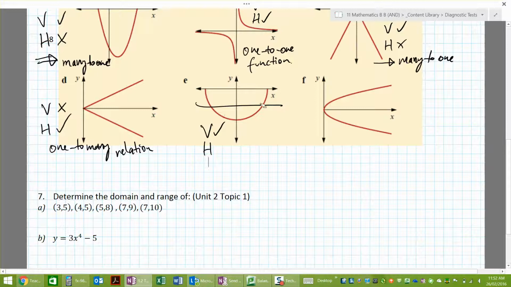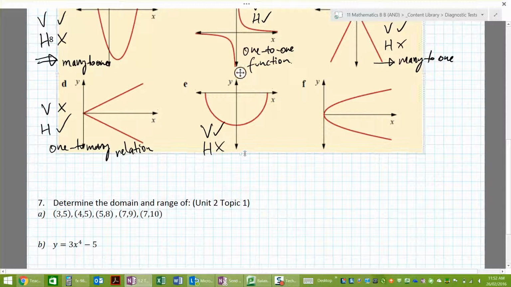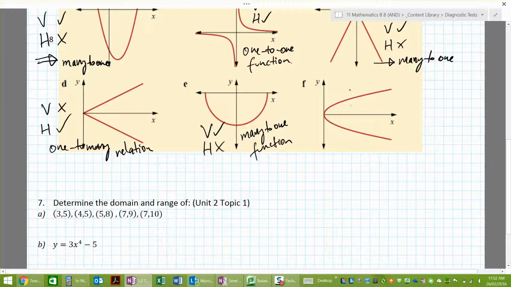Horizontal line test is failed. So this is a many-to-one. That's a function. And the final one, vertical line test is failed. Horizontal line test is all good. So it's one-to-many.